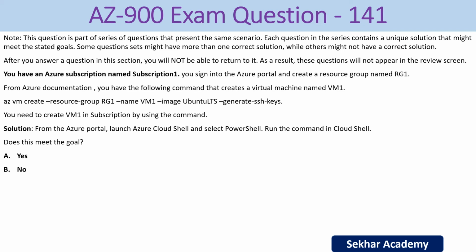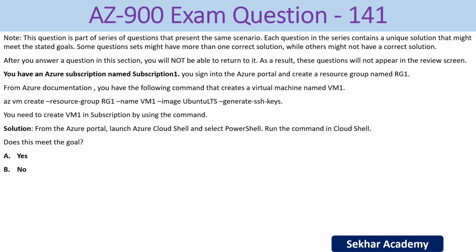The command is az vm create, with resource group rg1, name vm1, image Ubuntu LTS, and --generate-ssh-keys. You need to create VM1 in the subscription by using the above command.